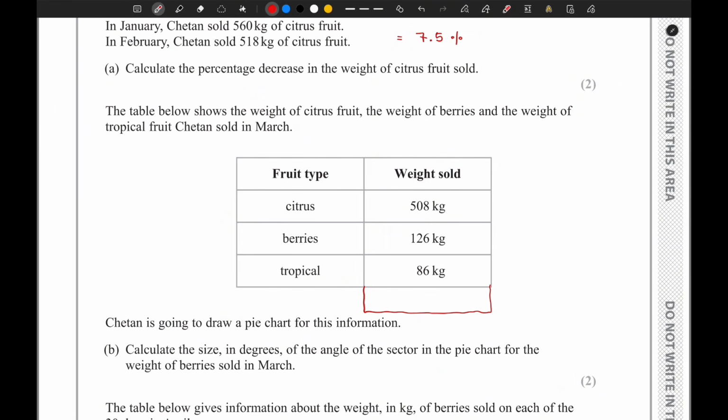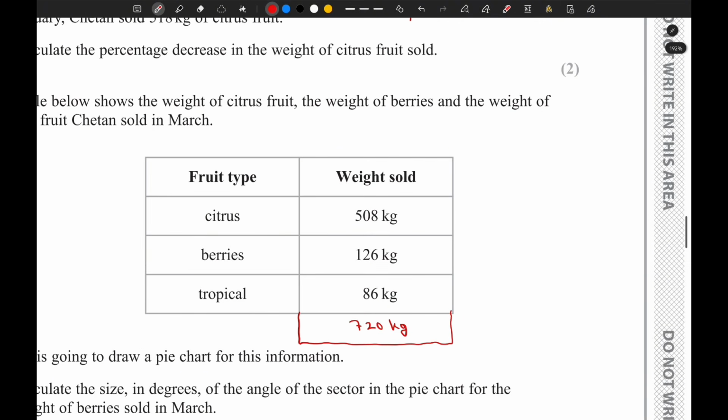The total weight is 508 plus 126 plus 86, which is 720 kilograms. So in the pie chart, 720 kilograms is represented by 360 degrees.